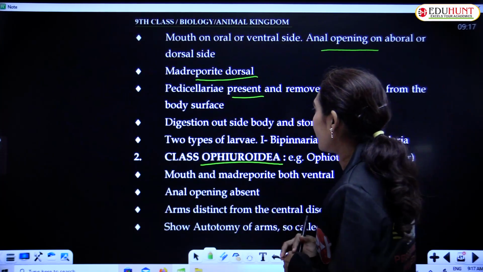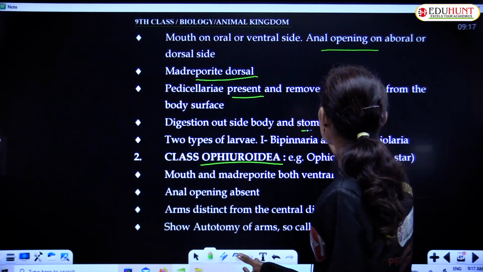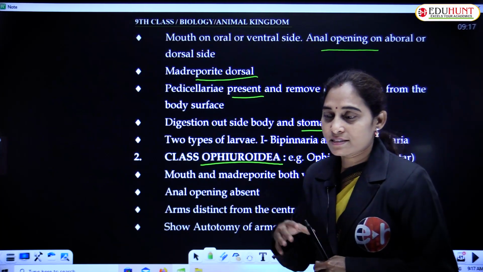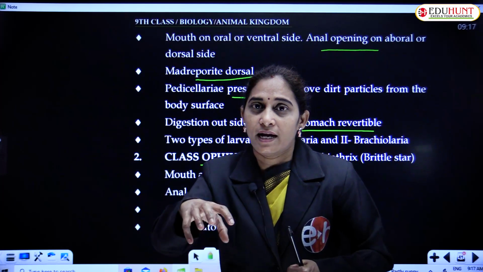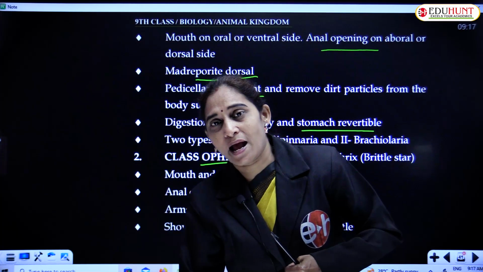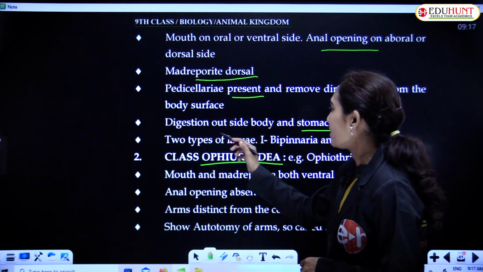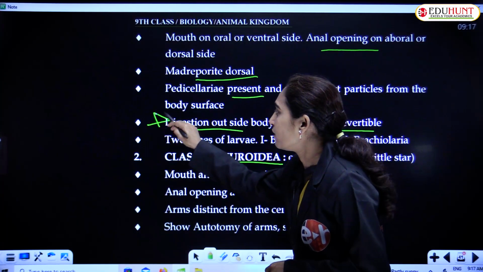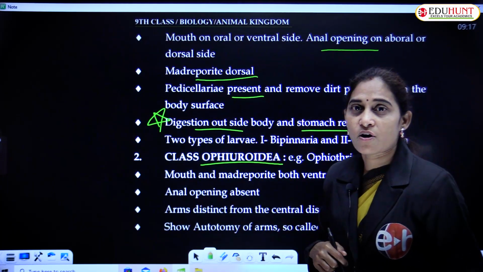Digestion is outside the body, and the stomach is revertible, that is the stomach comes out of the body and digestion takes place outside it, and immediately it grabs and the digested food is taken in. This is a different kind of digestion seen in the class Asteroidea.